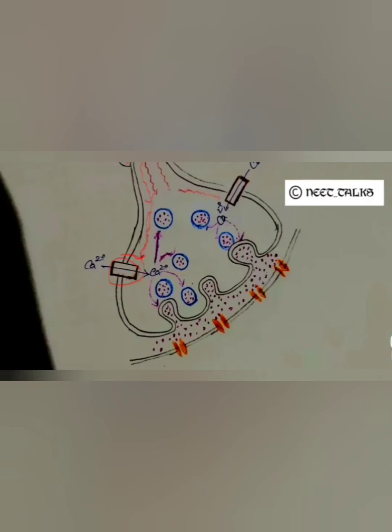Now this Ca2+ from the extracellular fluid will rush inside the cell, inside the synaptic knob, due to the opening of the voltage gated calcium channels. These Ca2+ ions, along with some proteins, the V snare protein and the T snare protein, interact together and cause the fusion of these synaptic vesicles with the presynaptic membrane.